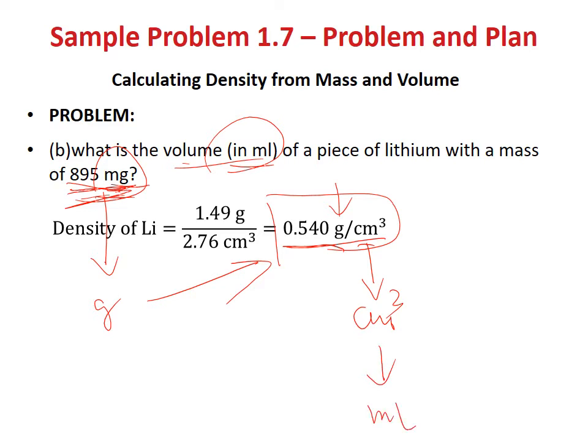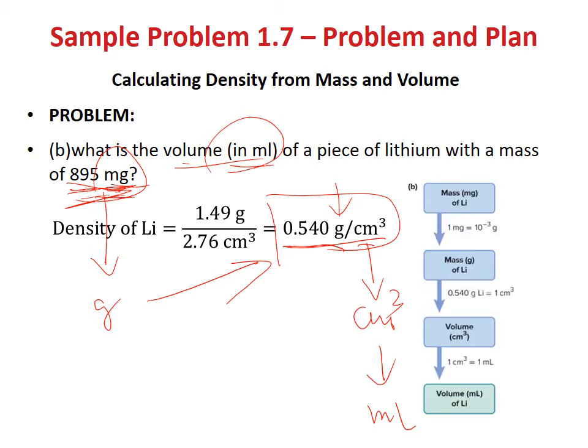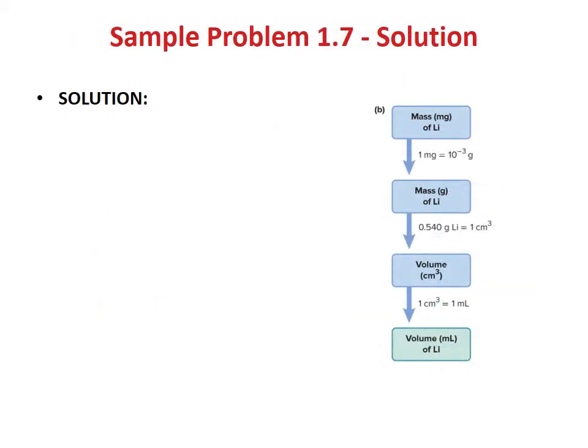So here is a plan. We start with milligram, change to gram, then use the density conversion factor to change to cubic centimeter, and finally to milliliter. Let's do the calculation.